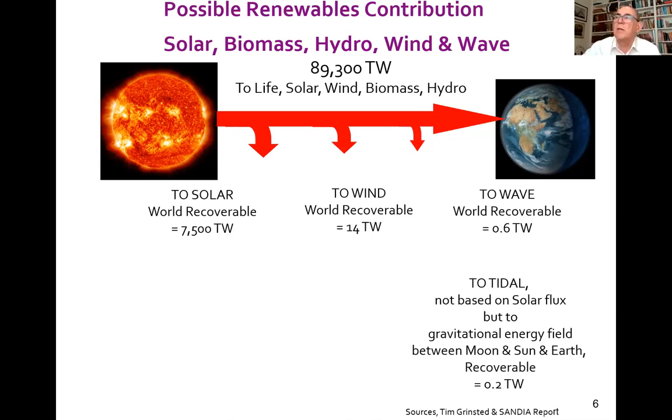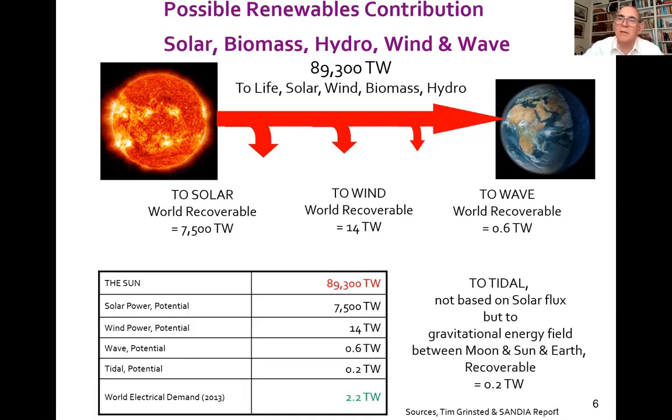So you see there's 7,500 from solar, 14 terawatts from wind, 0.6 from wave, 0.2 from tidal. And I've done a little sum here to show you our demand, electrical demand, is 2.2 terawatts. So can we get that from renewables? Well, clearly the answer is yes.